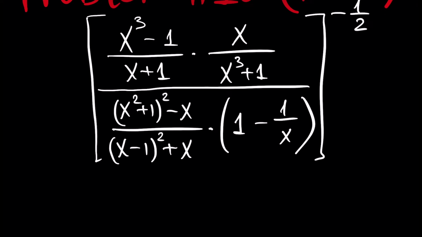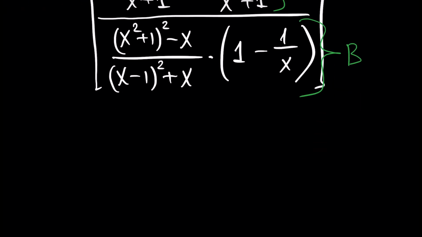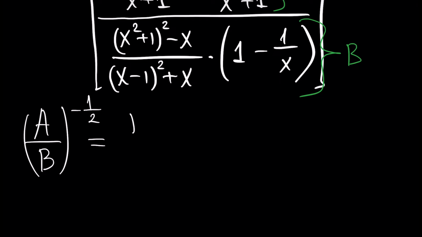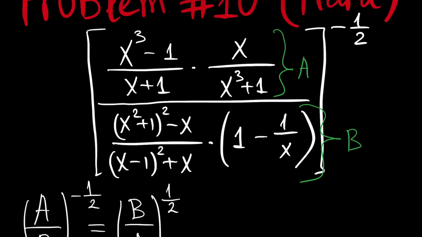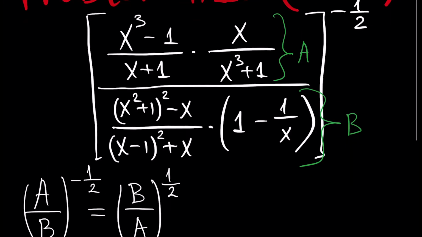That's why if we denote the numerator of our expression as a and the denominator as b, in this case, since we have a negative power, we can write that a divided by b to the power minus 1 over 2 is equal to b divided by a to the power 1 over 2. That's why, using this, we first of all have to write that.